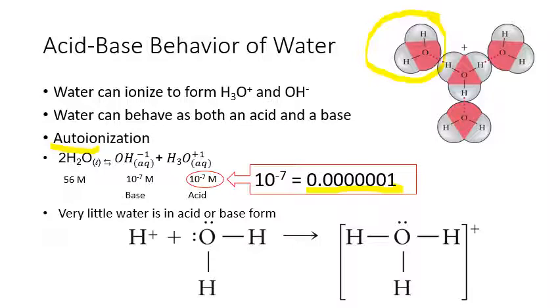Very, very small amounts of water, therefore, are in the acid form of the H3O, and very, very small amounts of water are in the base form of the OH. So very small amounts of acid and base exist just naturally in water on their own. No input from anyone, it just naturally occurs there, but it's a very, very small amount that's normally naturally present in the water.